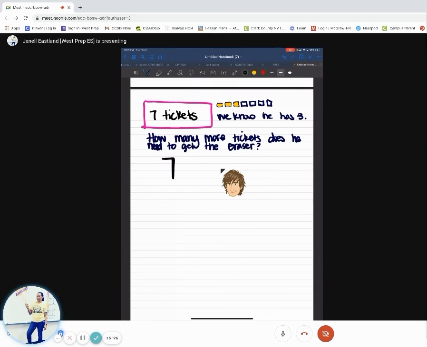7 plus? Interesting. 7 plus 4. I wouldn't say plus because if I add some more to 7, it's going to be bigger than my total of 7 tickets for the cost. Can't do that.